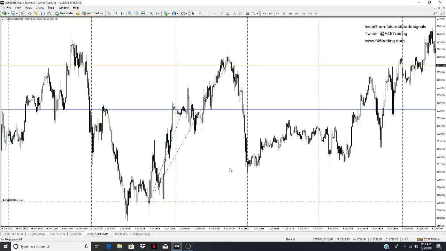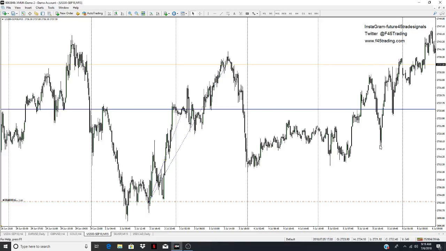But this was a pretty strong retracement, and this was late in the evening, or late at the end of the trading day. Next day was consolidation, and I was actually looking at price in this area because we had a nice pop up. It came down.